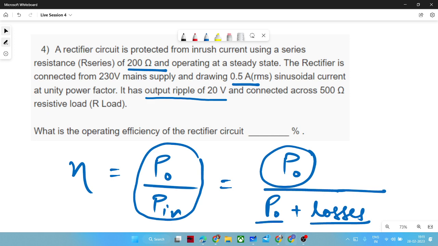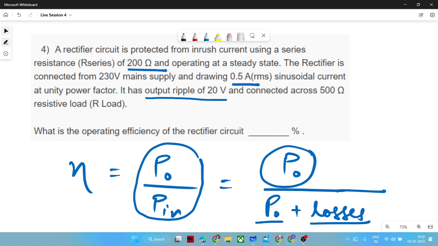Assume it is almost equal to zero, just for a case study. Your input is 230 into root 2, that is 325, and since your output is not charged, it is 325 minus 0 divided by almost 0, so that would be a huge ampere. So it gives rise to peaky currents and it will not be desirable.